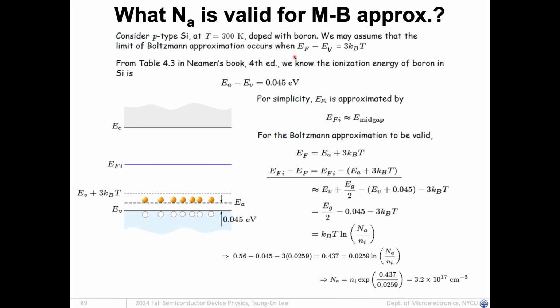You just need to understand that the difference between the Fermi level and the valence band should be 3 kT. Then you can derive all the equations shown here. I won't go into the details of this example. Then you can extract the acceptor doping concentration, if it is complete ionization.